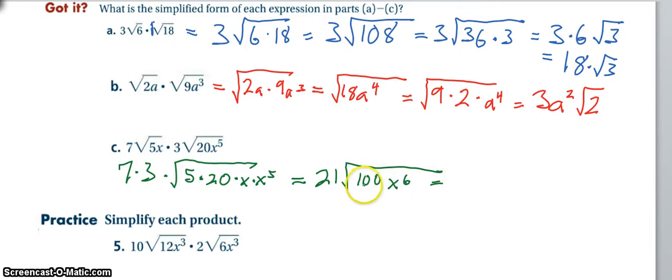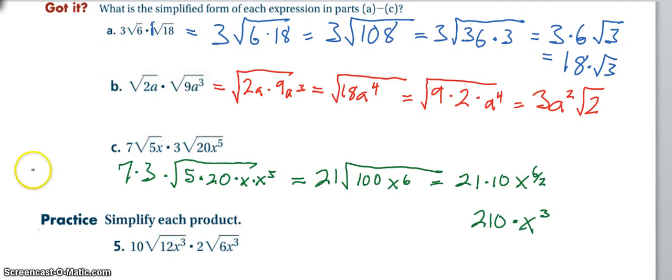That all then, the radical 100 can simplify to a 10. Radical of x to the 6th. Remember, we cut it in half, so instead of x to the 6, it's x to the 6 divided by 2, which we can rewrite as just x to the 3rd down here. So 21 times 10 is 210 times x to the 3rd.